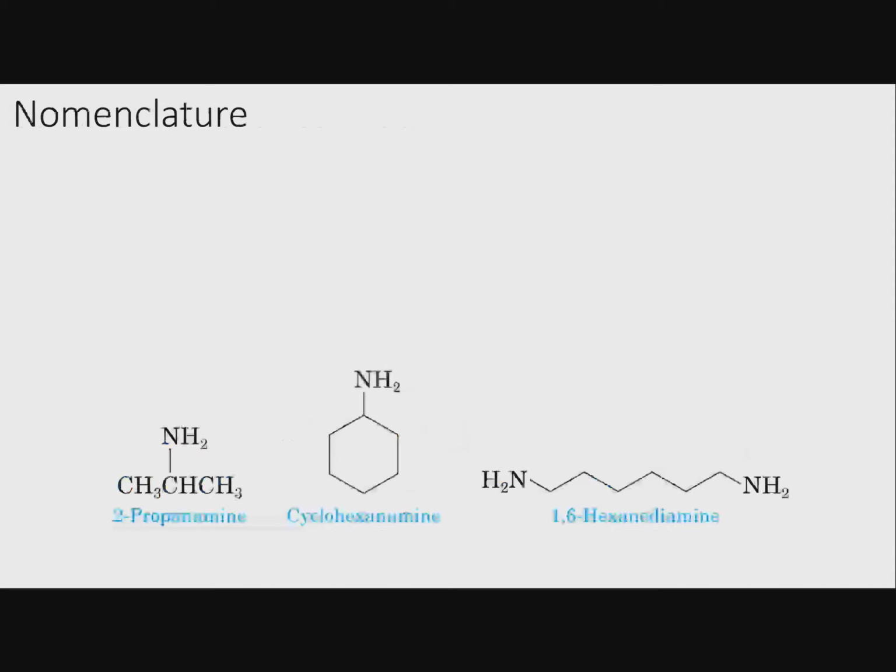Let's talk about how we name. So with IUPAC names, we derive the name from the aliphatic amines, just like we did for alcohols. We drop the final E of the parent alkane and replace it with amine. So in this case here, this was a 3-carbon molecule, so a propane. So instead of propane, we'll say propanamine.